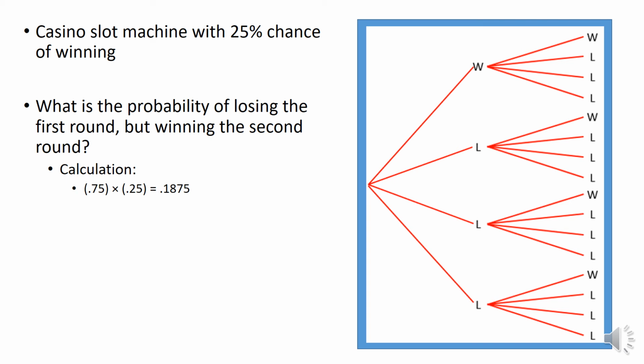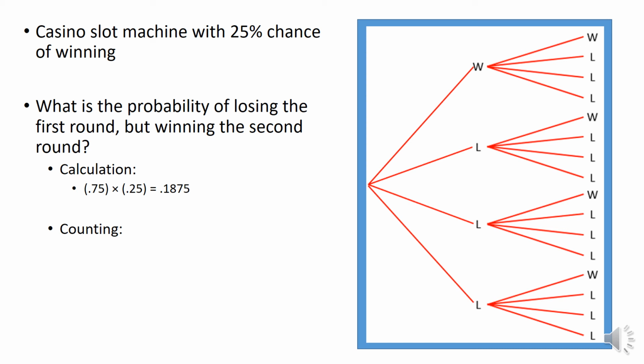Now we can also use the counting method, working with our diagram right here. This is going to seem a little counterintuitive, so just try to go with it. With the counting method, we see how many different sequences we have. We have 4 possible sequences here, another 4, so that's 8 total, then 12, and then 16.